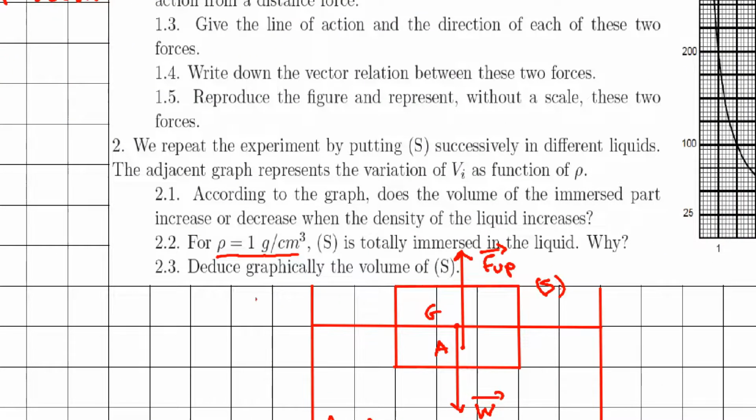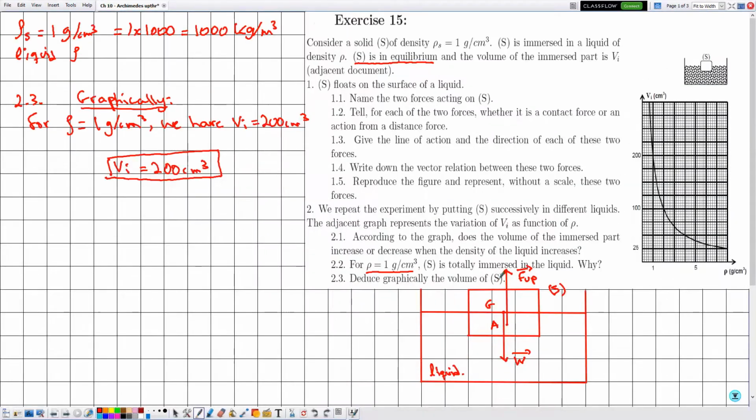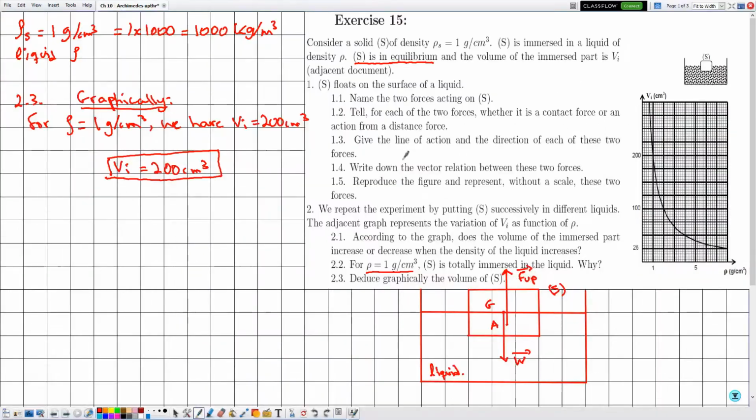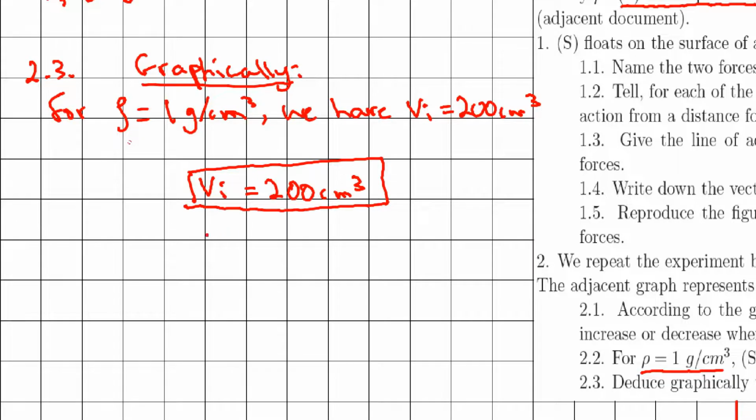But they are telling me to deduce graphically the volume of S. Now here from the graph, knowing the value of rho, we have determined the volume Vi. But what does Vi represent? It represents the volume of the immersed part.